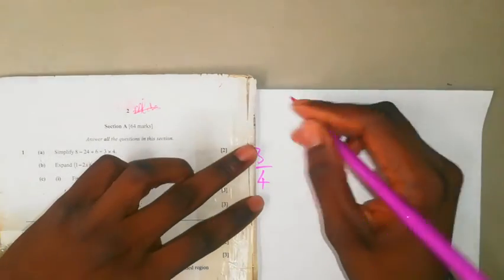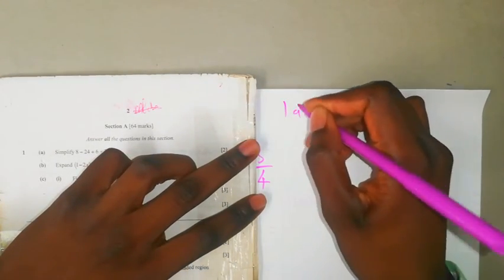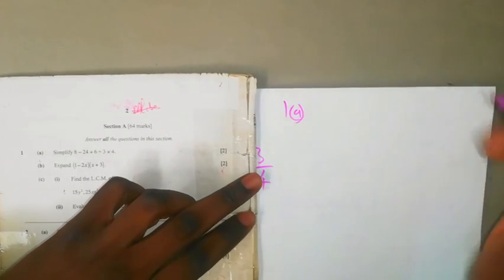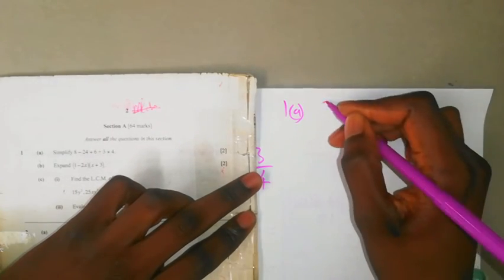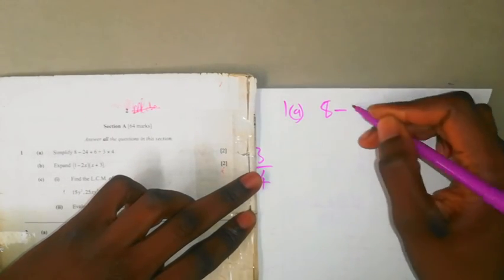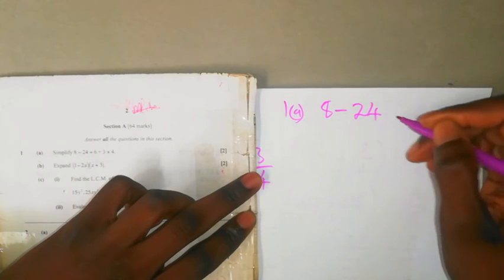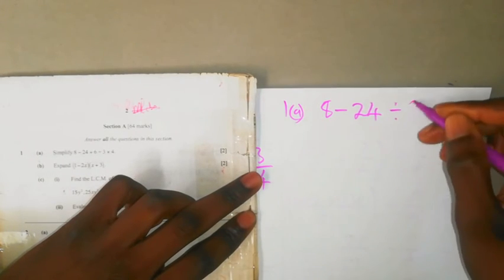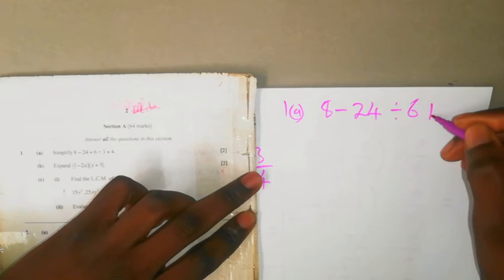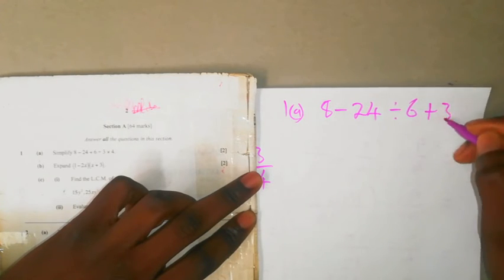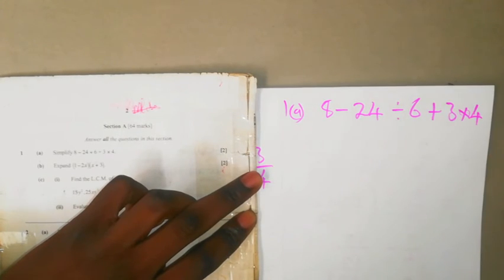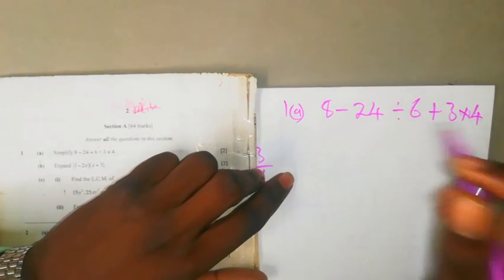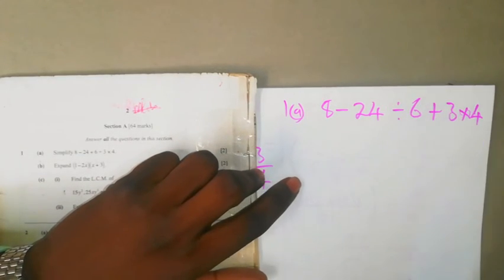So in this case, it's number 1A, our 2009. So I have 8 minus 24 divided by 6 plus 3 times 4. I'm going to introduce my brackets there.